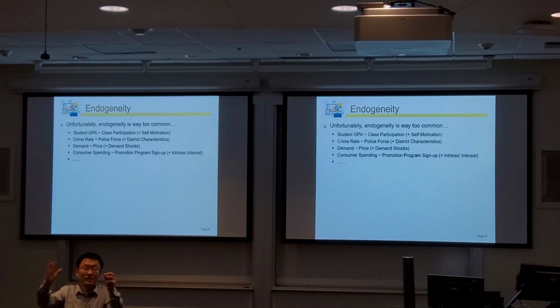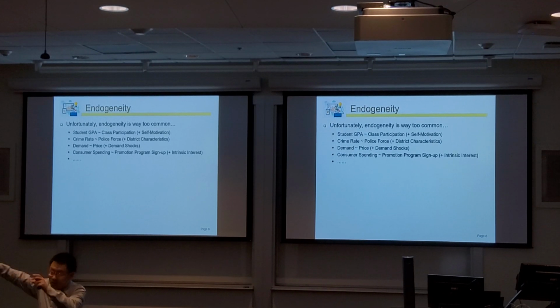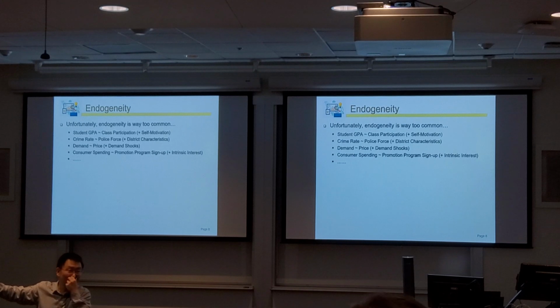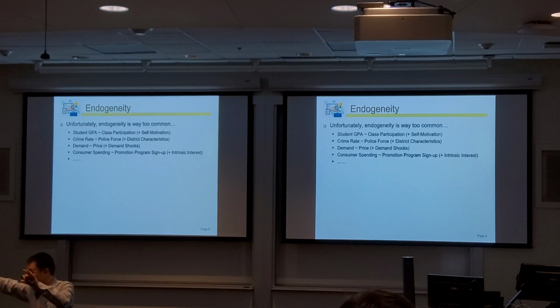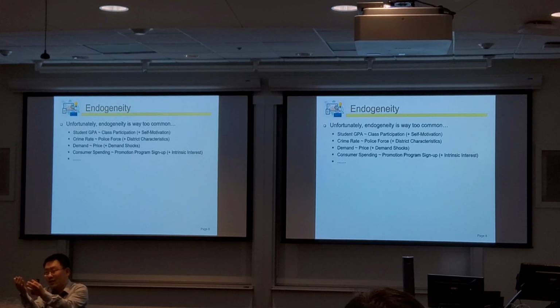Simply because it measures this, holding everything else equal. But that's exactly harder to be true. Because if the error term is correlated with this x variable, then you won't be able to hold everything else equal. If epsilon is correlated with x, then what you measure is how y changes if x increases.